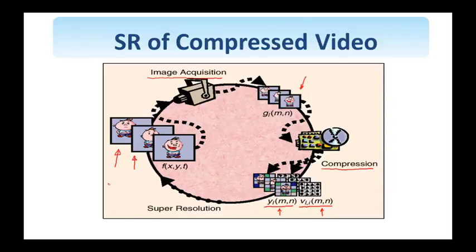So clearly, in addition to the acquisition system that we described in the previous slide, we also have to model the compression system, and utilizing these two models, again, we want to reverse the path and somehow from the low-res go back to the high-res data. So this is indeed an inverse recovery problem like the ones we're describing here.